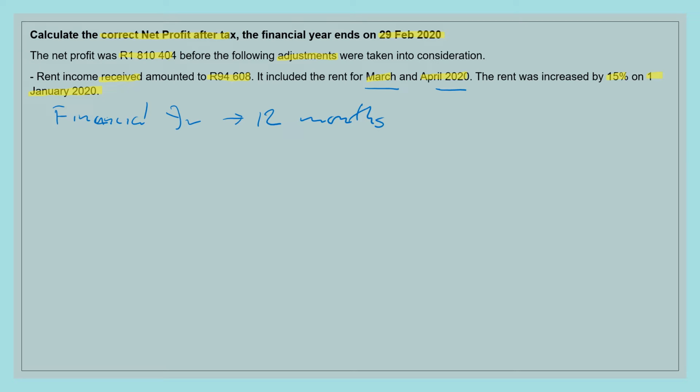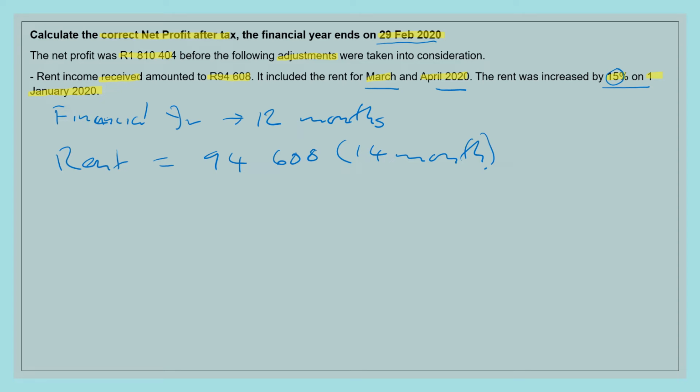So that means the rent of 94,608 is for 14 months. The reason is that you have 12 months ending on 29 February 2020, then you have the extra 2 months. Then the other thing that we have to take into account, the rent wasn't the same throughout. It increased from the 1st of January by 15%. So we need to account for that.